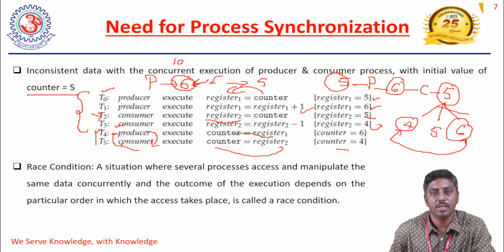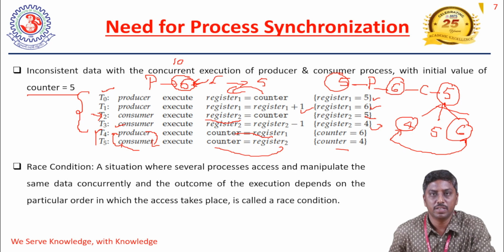So when we are executing these cooperating processes concurrently, there will be a race condition, and if proper care is not taken, we will end up with inconsistent data. We need to avoid this inconsistent data. To avoid it, we need to synchronize the processes.